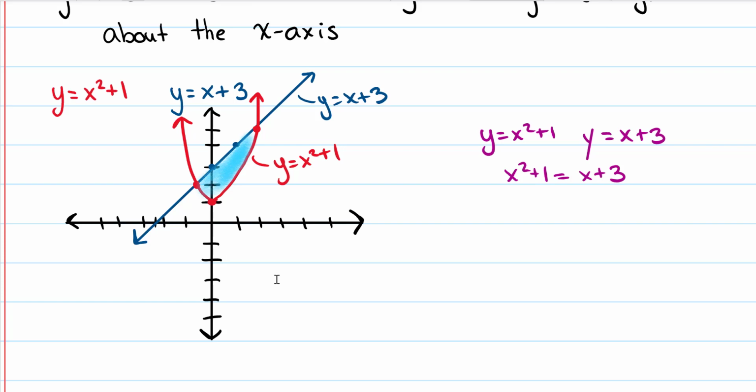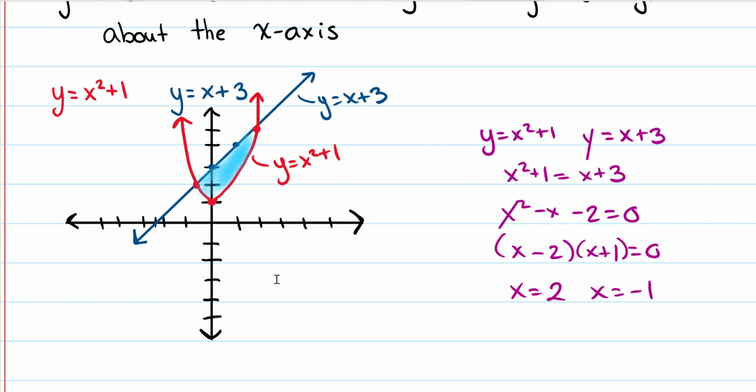And then when we solve that, we get x squared minus x minus 2 equals 0. So you factor that, get x minus 2, x plus 1 equals 0. So you get x equals 2 and x equals negative 1. So we make sure our x values are right. So this should be x equals negative 1. And this should be x equals 2.